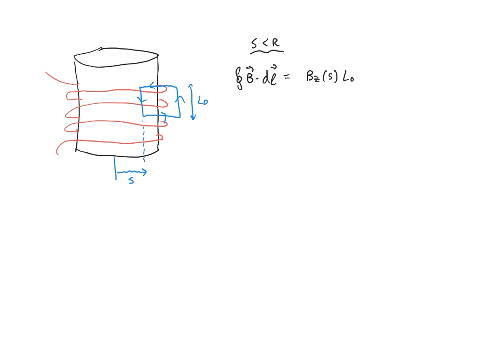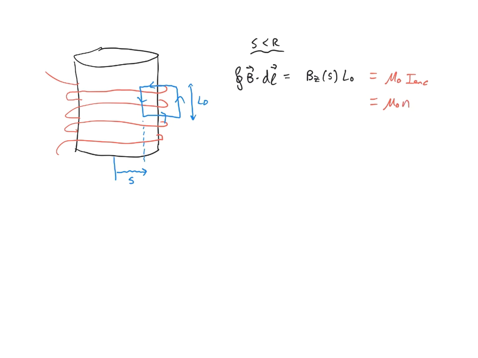And this thing is equal to the current enclosed by the loop. And this is not 0 in this particular case, because we have some wire loops that are passing through this thing. How many?